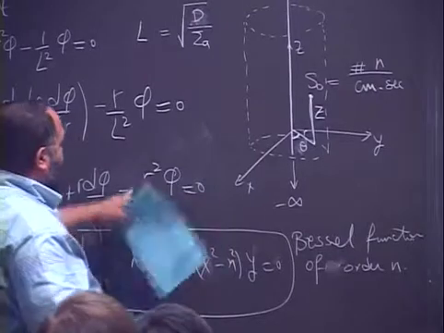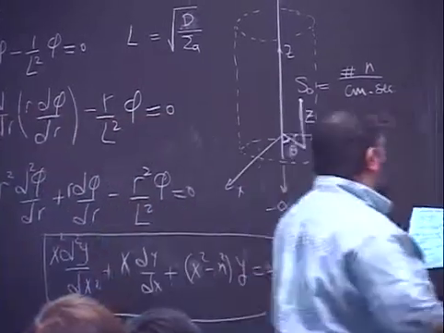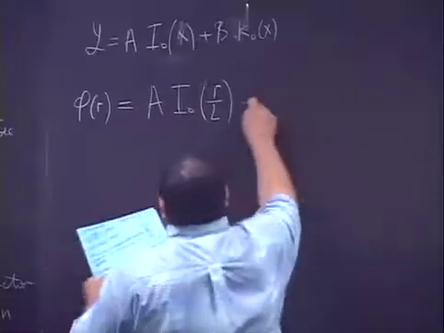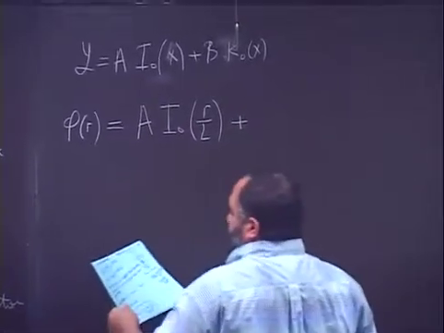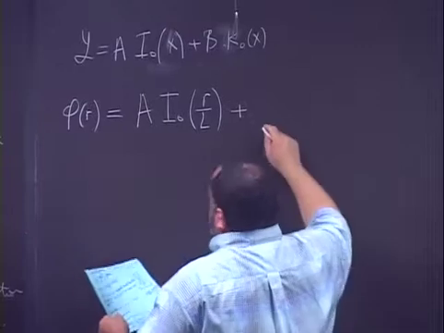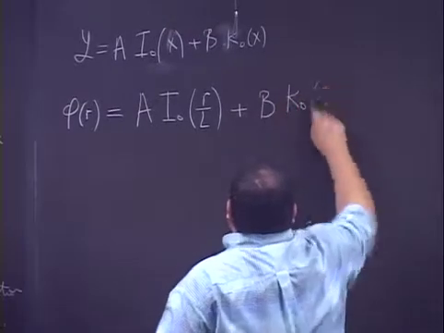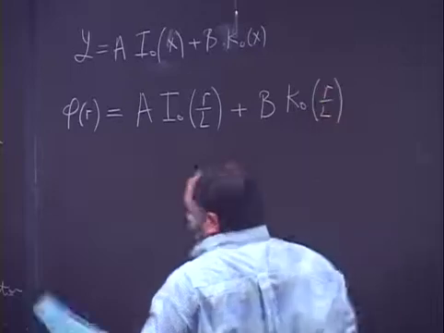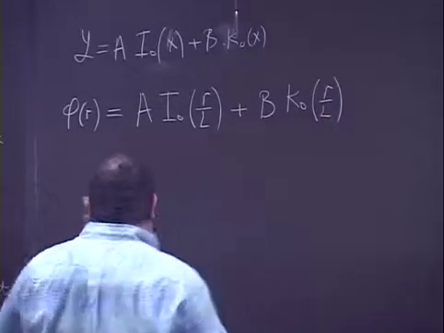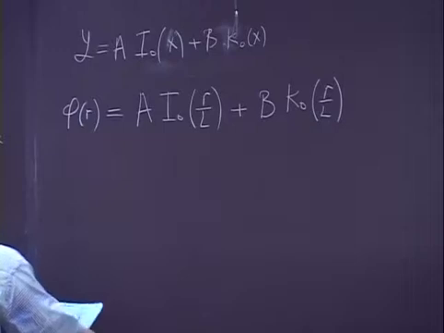You will take this plus b multiplied by K naught of r over L. Okay.